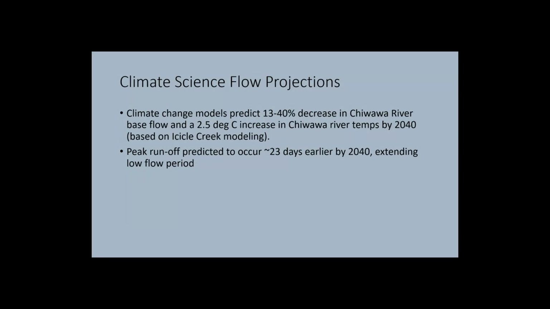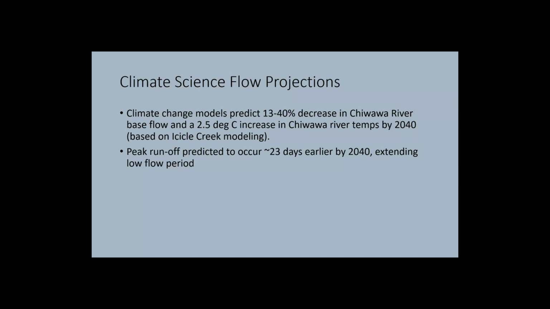We have taken a deep dive into some of the climate science and the flow projections that have been coming out, and undoubtedly some of you have seen some of this work too. The Icicle work group contracted with the University of Washington Climate Impacts Group, and we did some stream flow projections for Icicle Creek, Peshastin Creek, and Mission Creek.